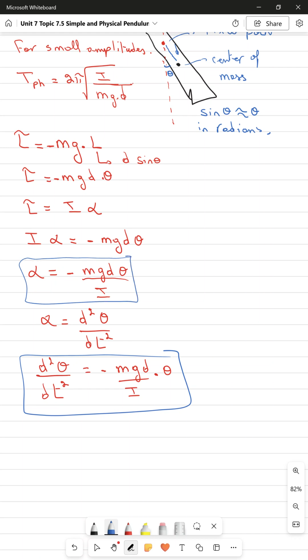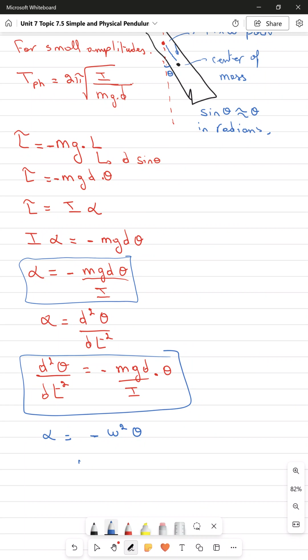Now, if you want to derive that T physical that we spoke about before, that's alpha equals, as we did before, minus omega squared theta.